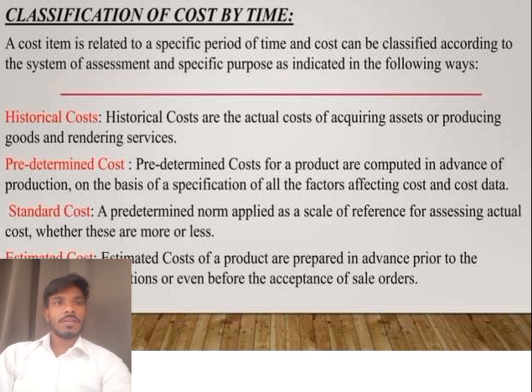Predetermined cost is computed in advance of production on the basis of specification of all factors affecting the cost. Standard cost is a predetermined norm applied as a yardstick for assessing actual cost, whether they are more than or less. Estimated cost is the cost of production prepared in advance, prior to the start of production or even before the acceptance of sales orders.